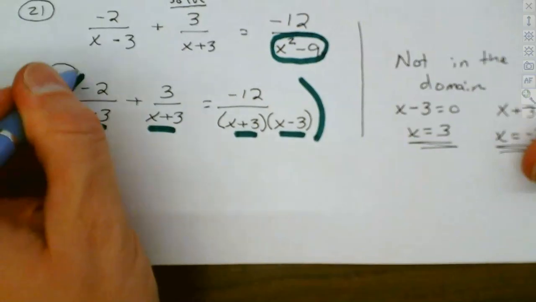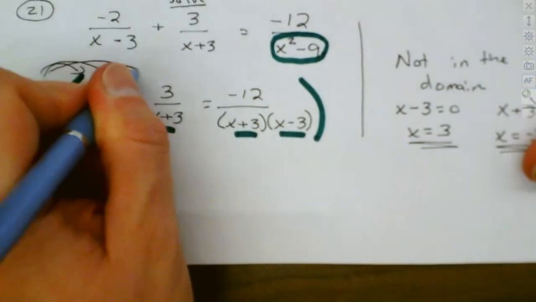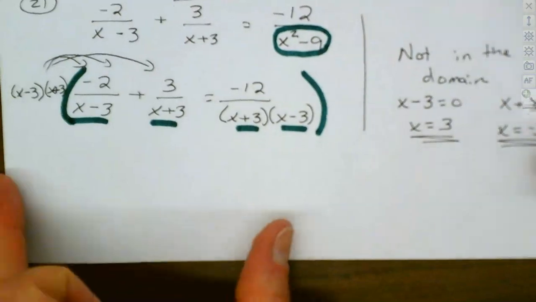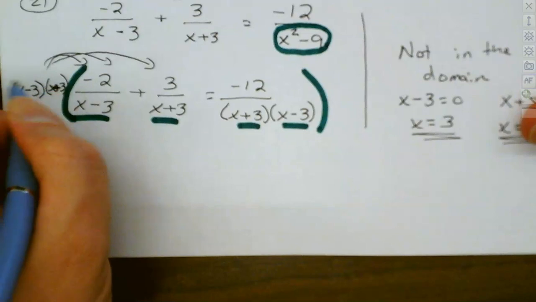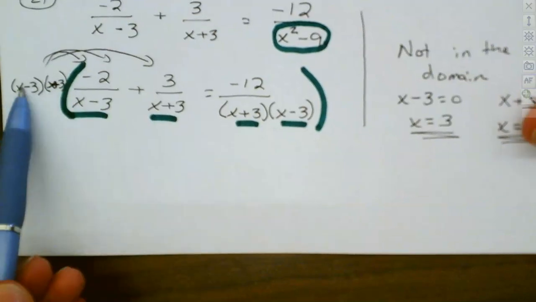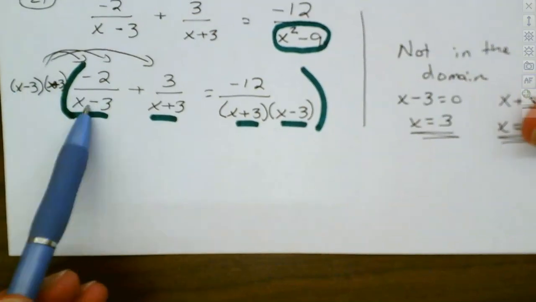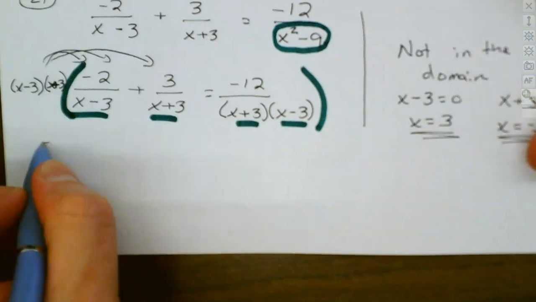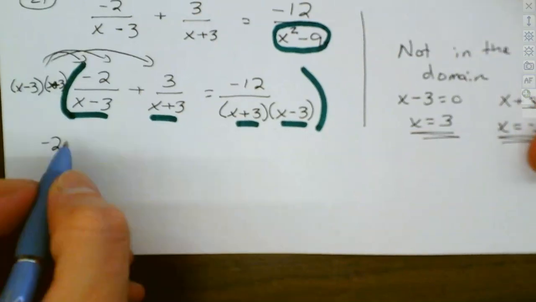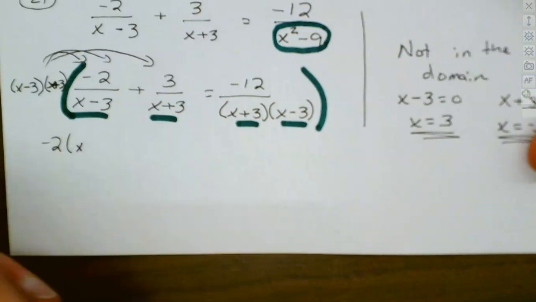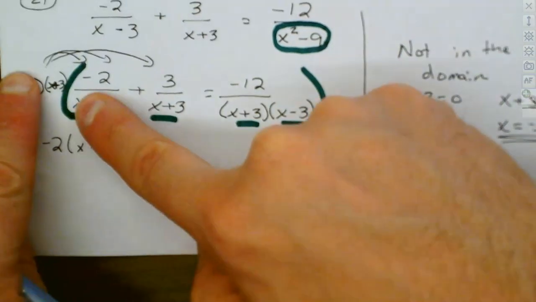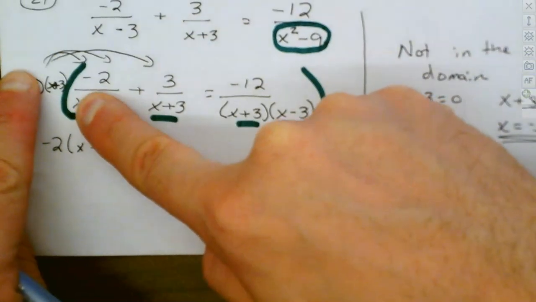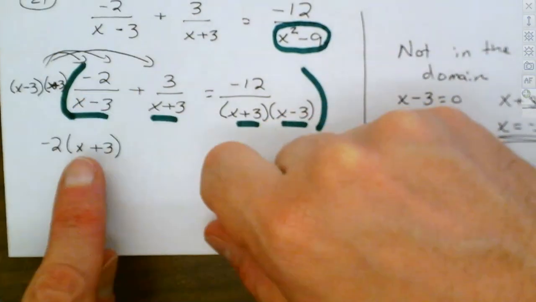So now we're going to distribute through. X minus 3 and x minus 3, those can cancel. And so that leaves you with a minus 2 times the x plus 3, right? Because that cancels with that. And that leaves you with that.